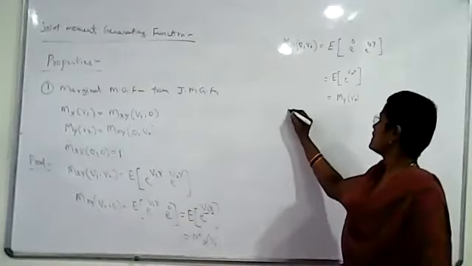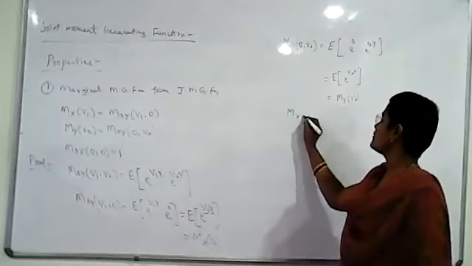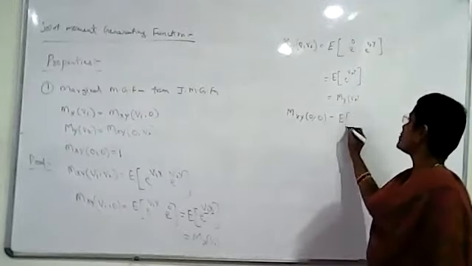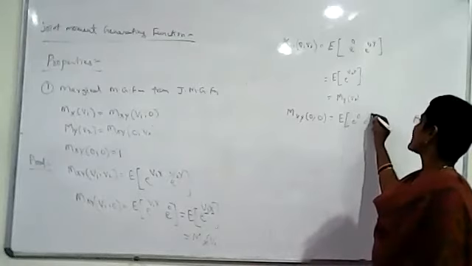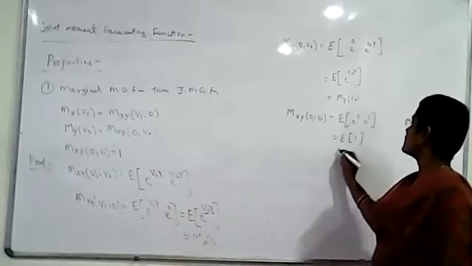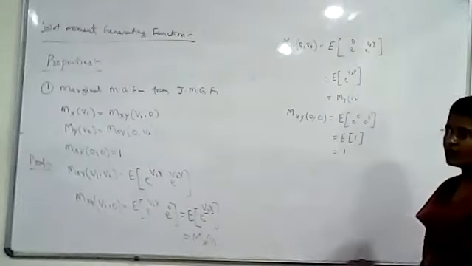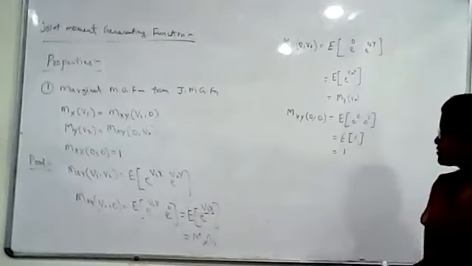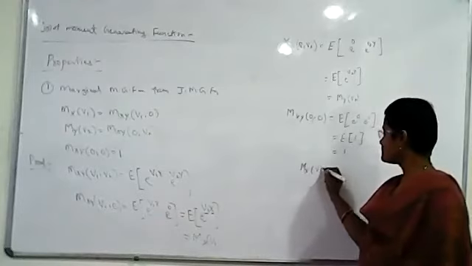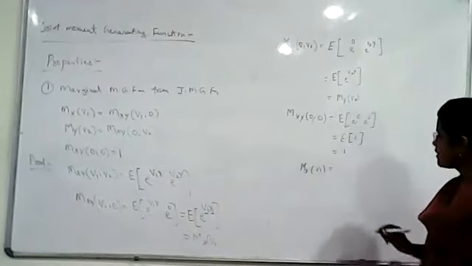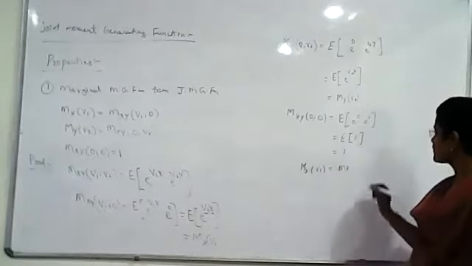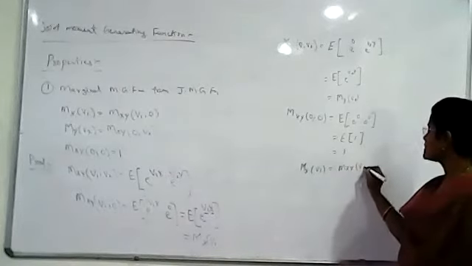Similarly, if you substitute both v1 and v2 as zeros, we get the expected value of e power 0 and e power 0, so we will be getting the expected value of 1, and you know that the expected value of 1 is equal to 1. So from this we can say that we can obtain the marginal moment generating functions from the joint moment generating function.